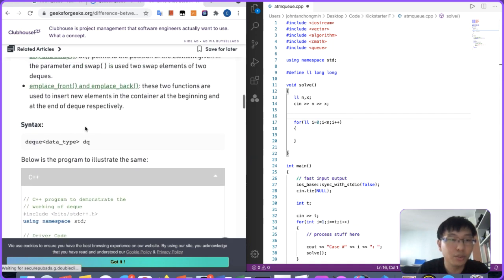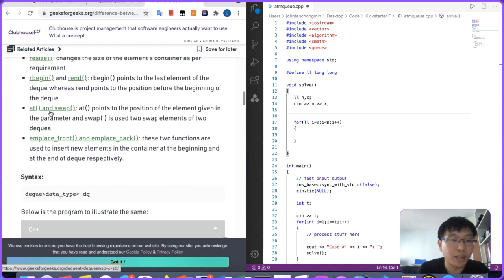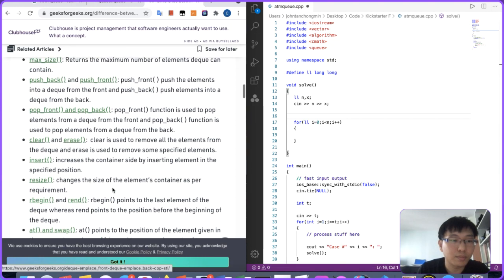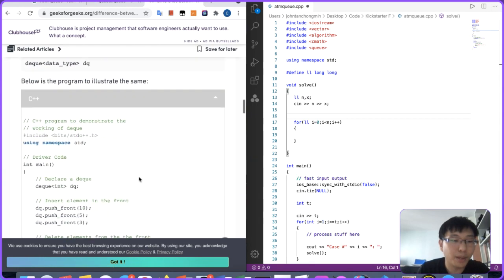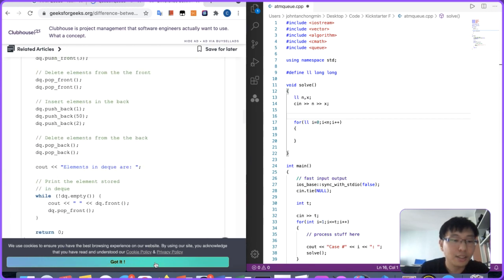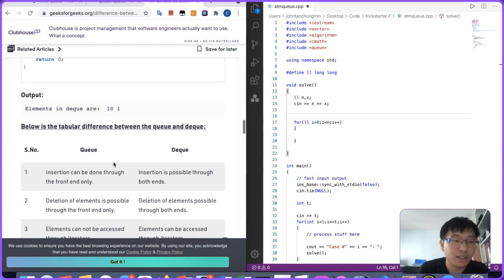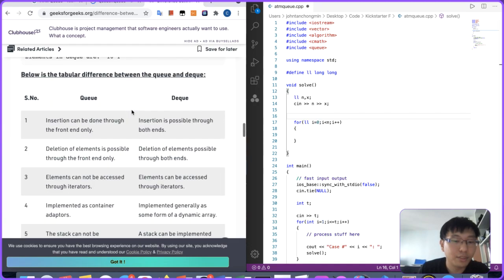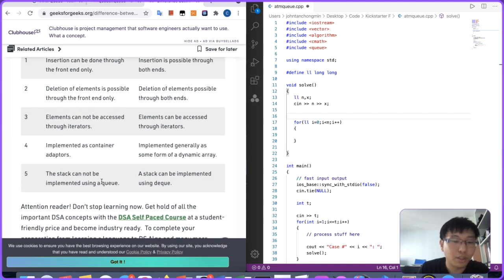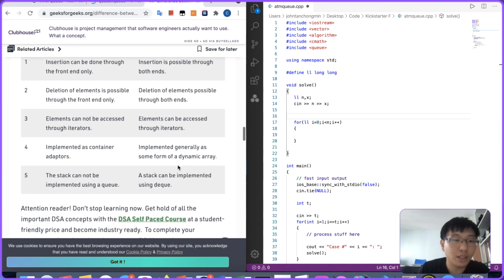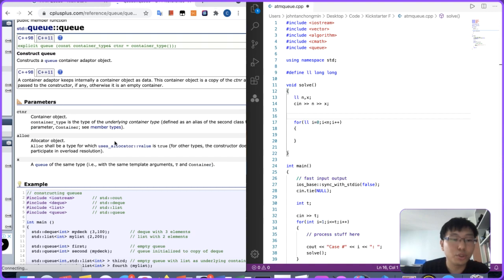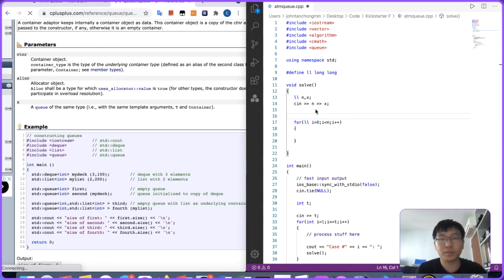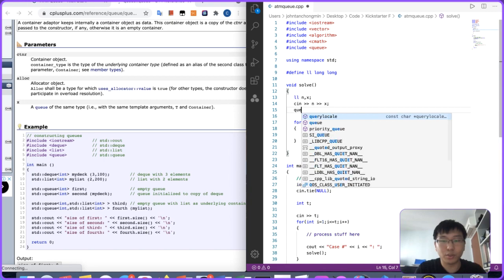So if it's a DQ, you can do front and back. Oh, nice. You can push back and push front, pop back and pop front. So there's a doubly linked list, I believe. If not a DQ, you can only access it once. It's okay. I don't really need a DQ for this problem. I just need to push the thing in one way. So I guess I'll do a queue.